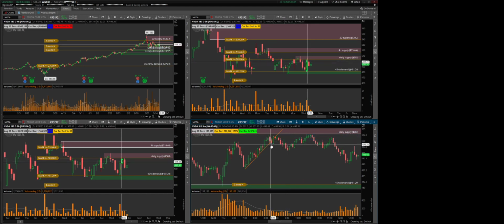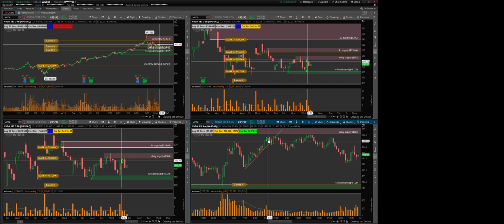Plus, on whatever time frame you're looking at, you want to look for a clean dropping candle, or a rallying candle, that engulfs the previous candle pattern that you're looking at.